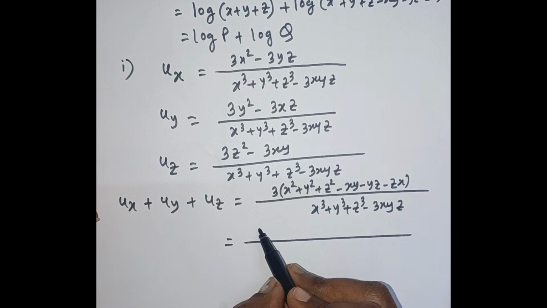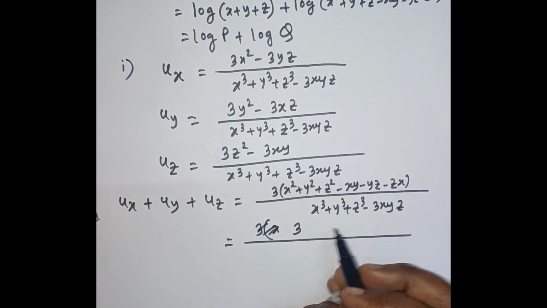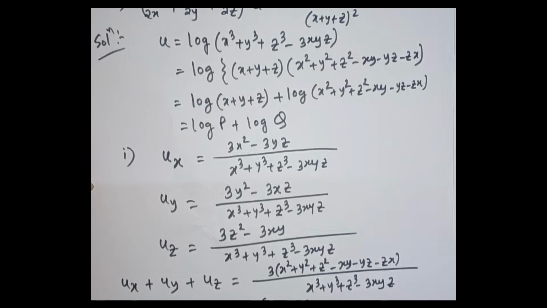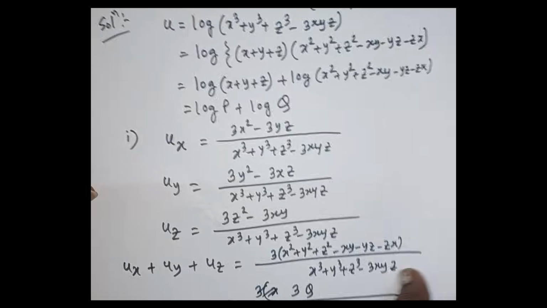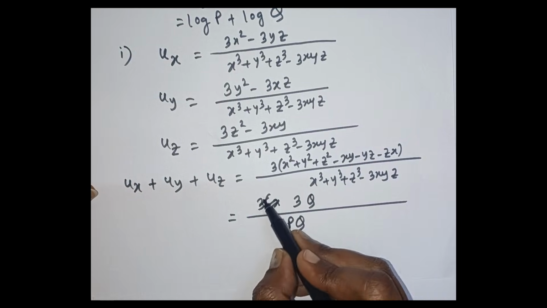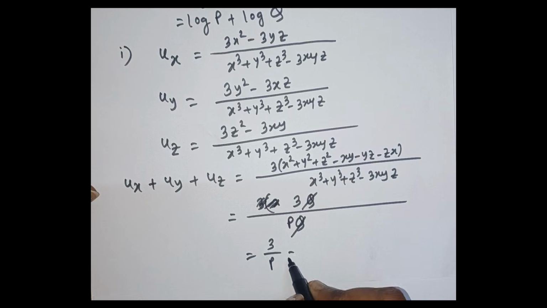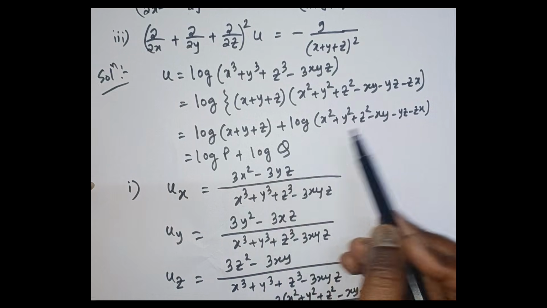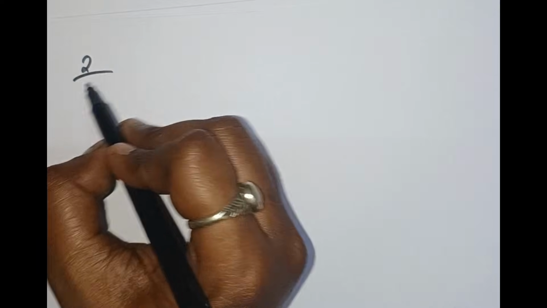And the denominator is pq, because p is x plus y plus z and q is this. Then q and q will cancel out. So this is 3 by p, equal to 3 by x plus y plus z. And this is what we have to prove, because p equals x plus y plus z. So the first part is done, and this is a very easy part.